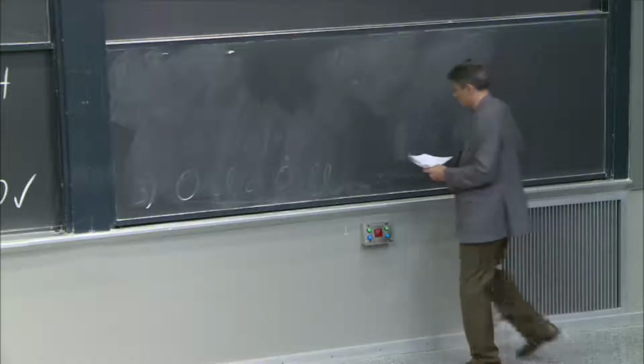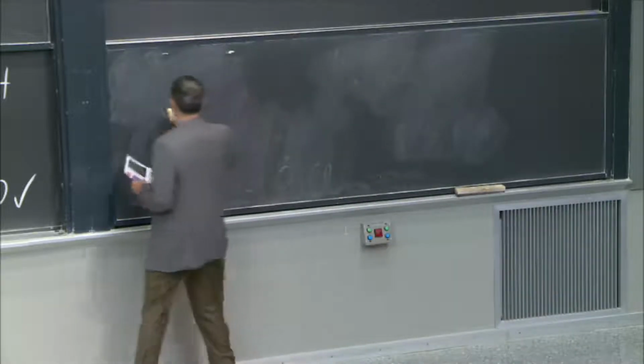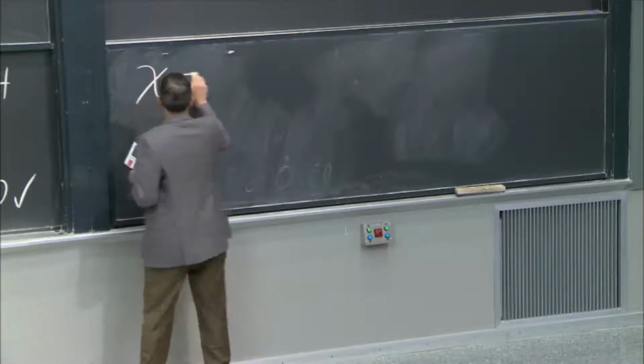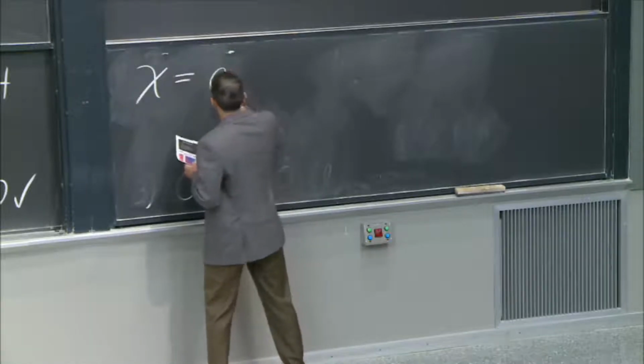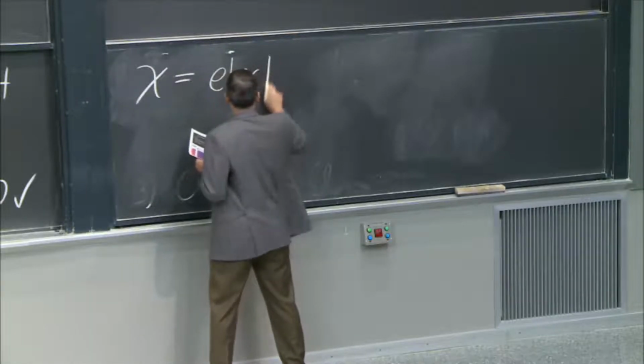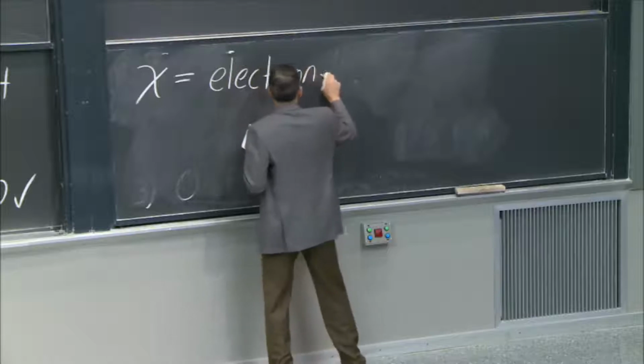All right. So there is a symbol, chi, that we use for this concept of electronegativity.